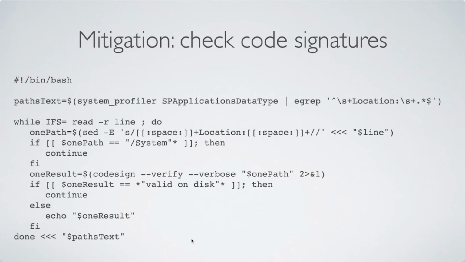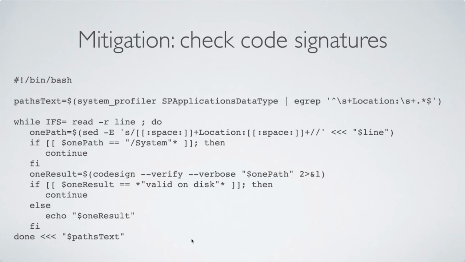It might work well and it might not, depending on your org. But you could just periodically run a script to go through all the apps on the system and check their code signature, and then report back which ones don't have a valid code signature.